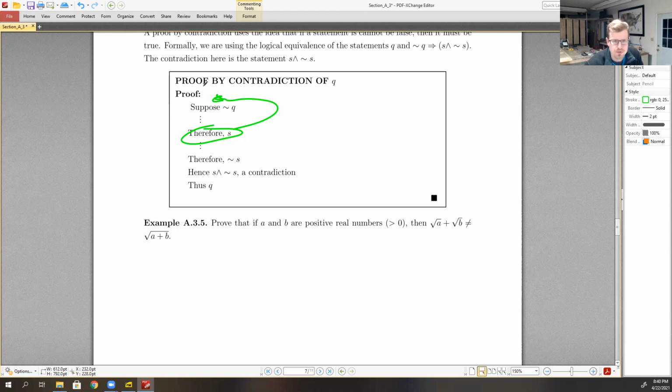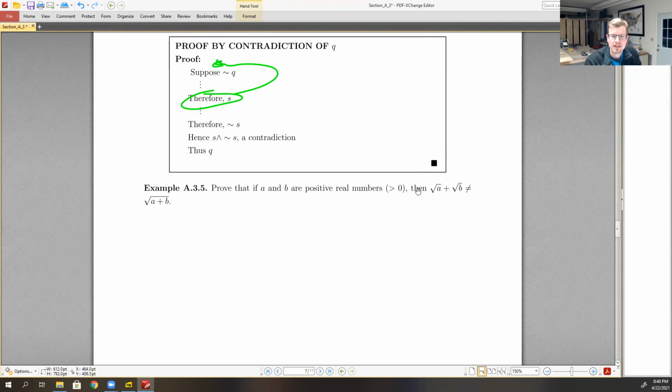So what we usually do is we have an S that appears before supposing not Q. So here, our example is given as an if-then statement, but we could rewrite it so that it's not. A lot of times they're written so they're not seen as if-then statements.